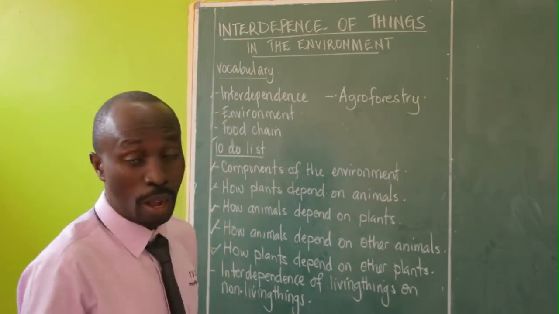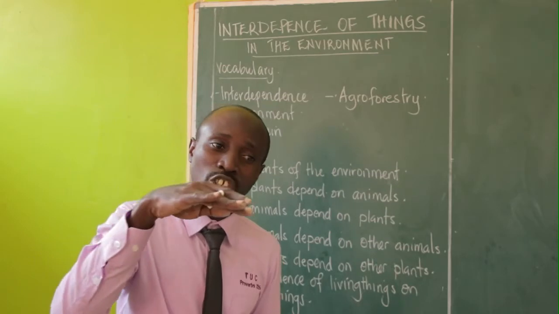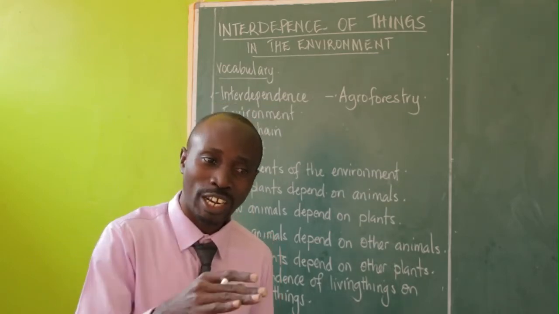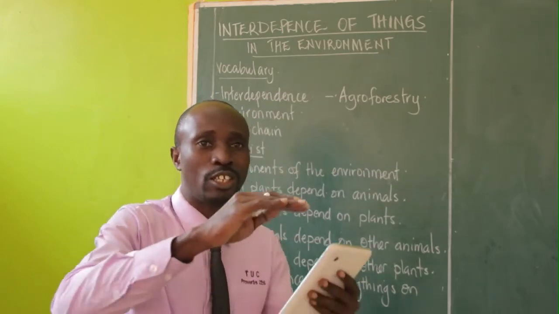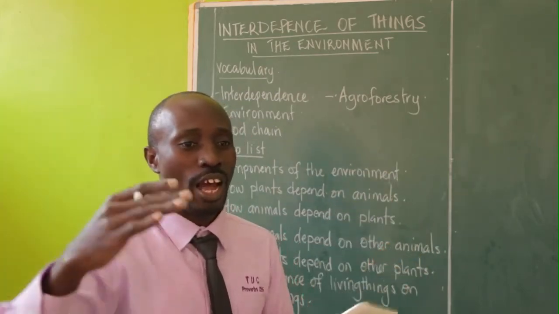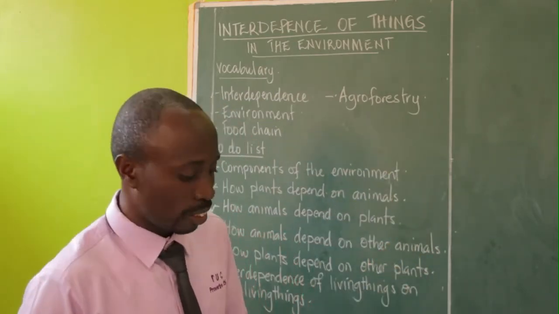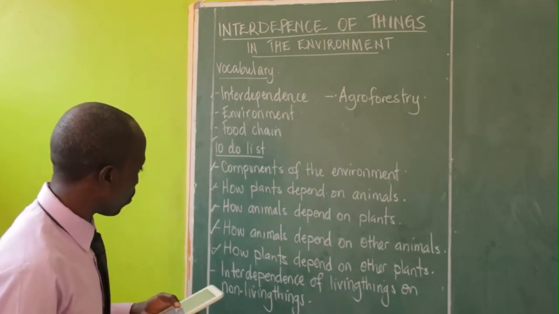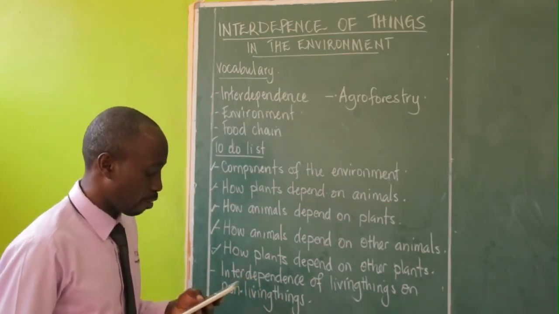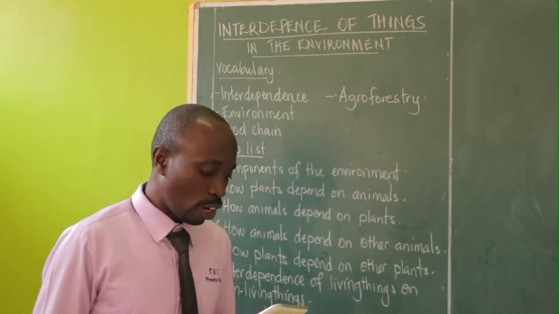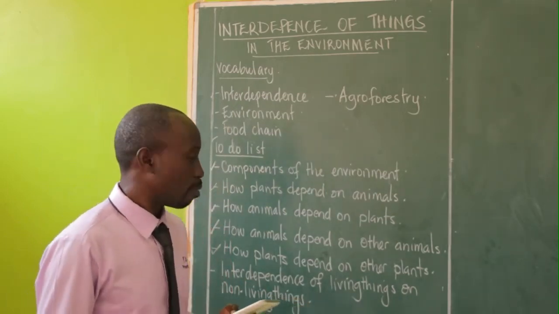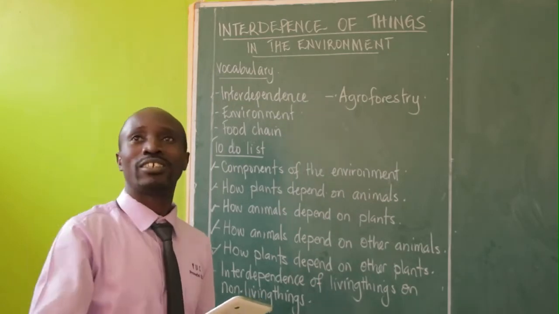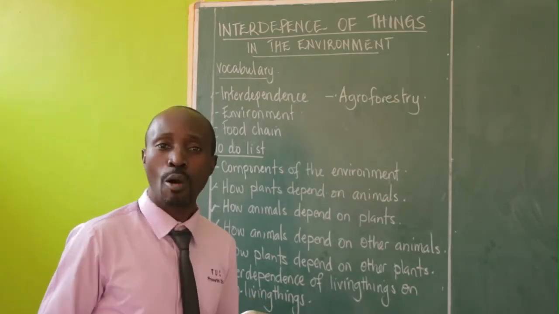Okay. Then some plants also provide shelter to other plants, especially these ones which are small. These plants provide a canopy and protect them from direct sunlight. Okay. So those are some of the ways plants depend on other plants. Yes, we can also look at protection from direct raindrops.